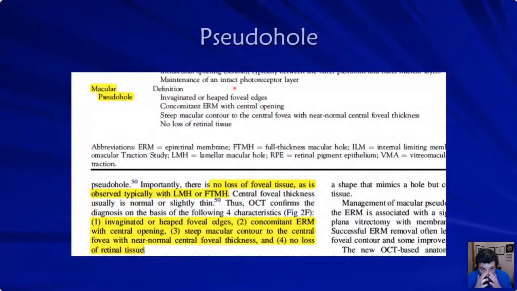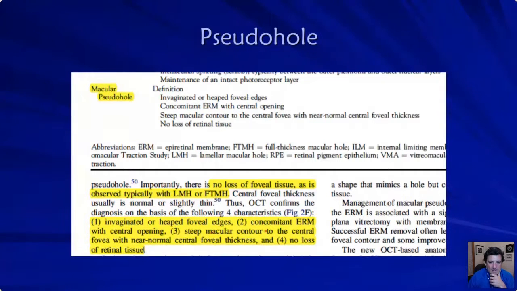So now, what about a pseudo hole? Where does that come into play? What is important here in reading the paper that's out there is that there's no loss of foveal tissue as observed in your typical lamellar hole or your full thickness macular hole. Instead you're getting an invagination or heaped foveal edges.